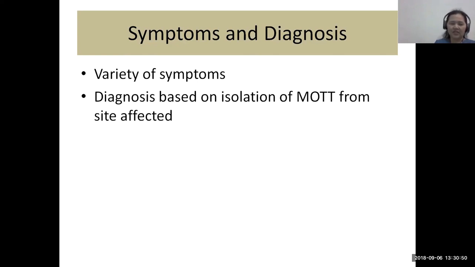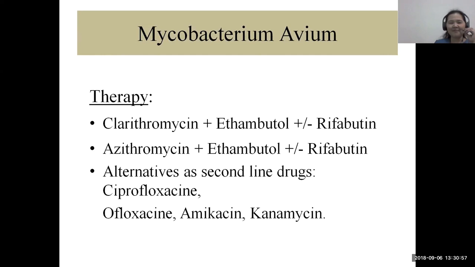So, mas mabilis siya mag-grow and isolate. Next. Parang malapit na tayo matapos. Yay. These are the different regimens that could be used. Basically, it's a macrolide plus ethambutol ang backbone ng treatment, plus or minus other agents. Okay, next.